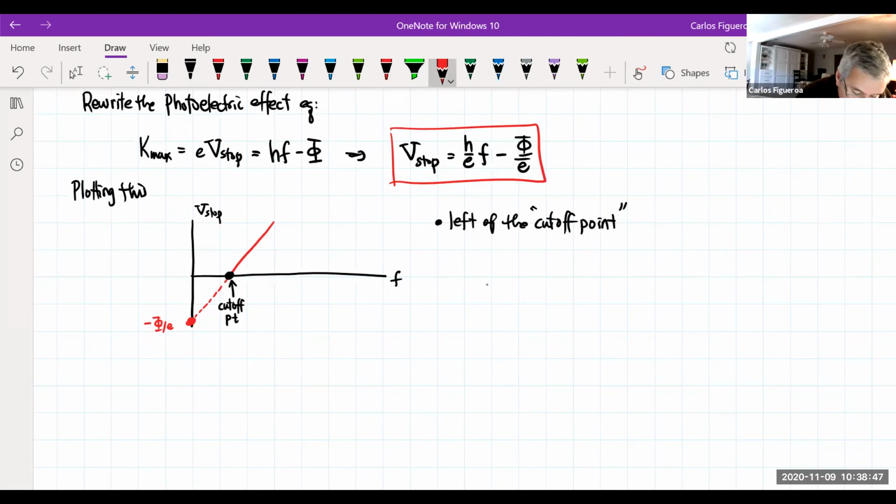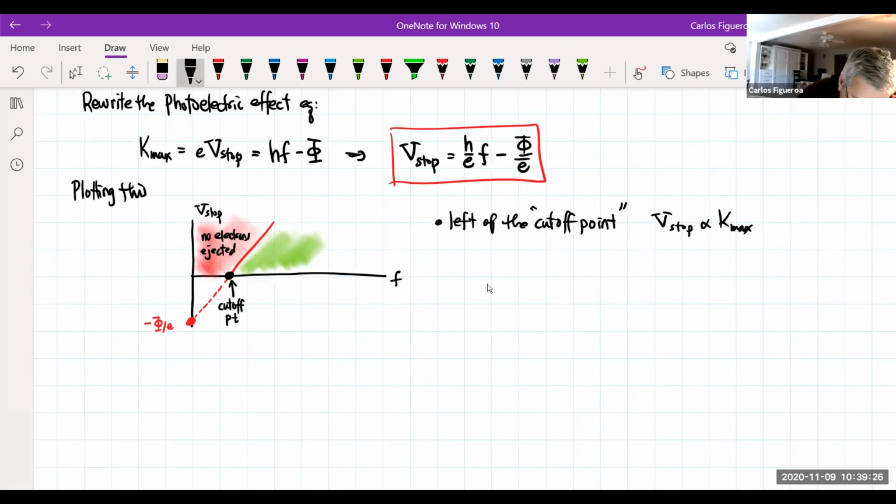If you're over here in this region, there are no electrons ejected. And you can see that the dashed line tells you it's going below the axis. Remember that V stop is proportional to K max. How can you have a negative kinetic energy value? You can't.